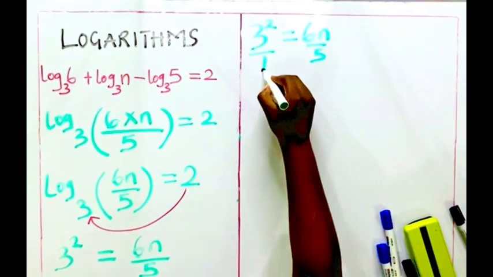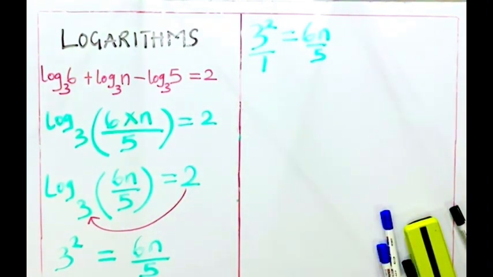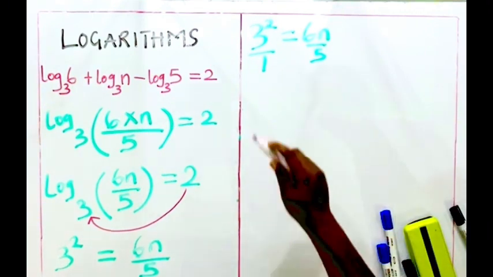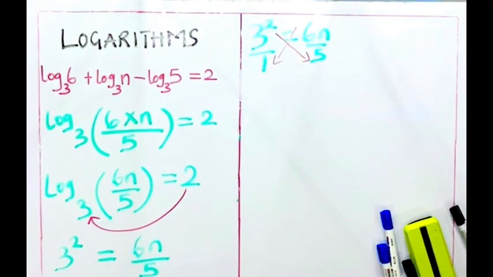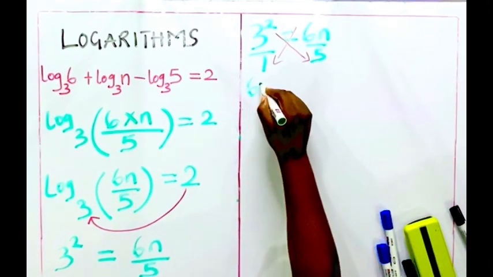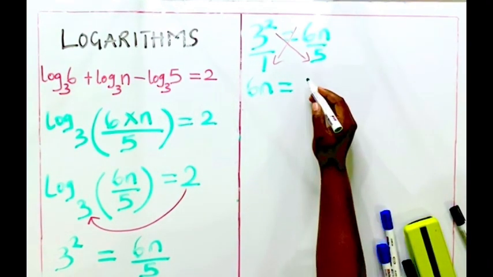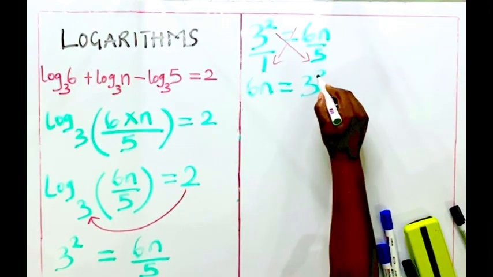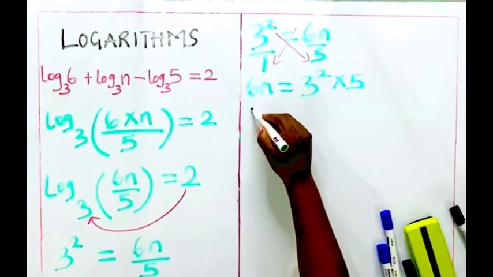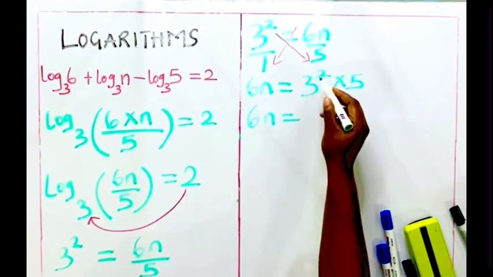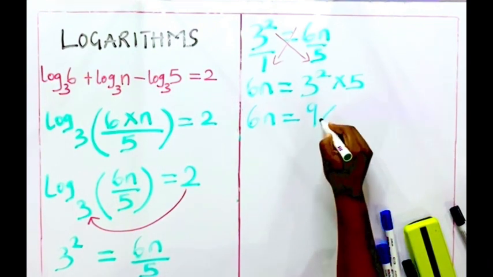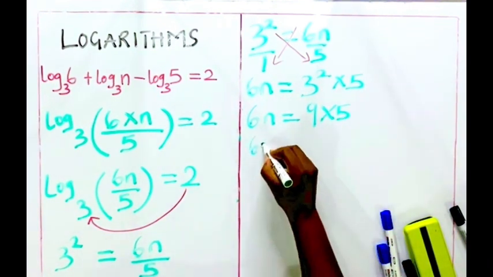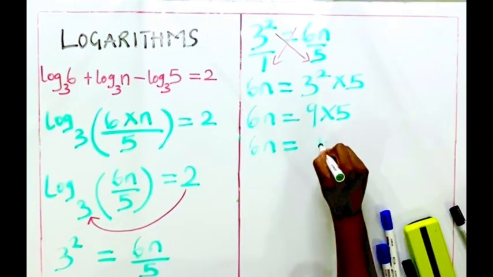At this point, you simply cross multiply. 6n times 1 is 6n equals 3 to the power 2 times 5. 3 to the power of 2 is 3 times 3, and 3 times 3 is 9 times 5. 6n equals 45.